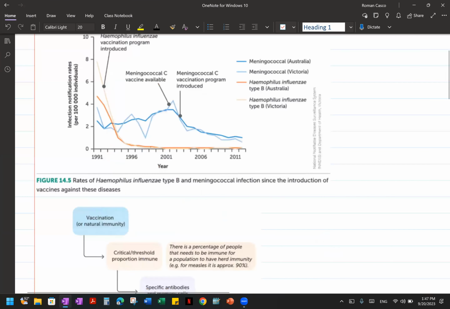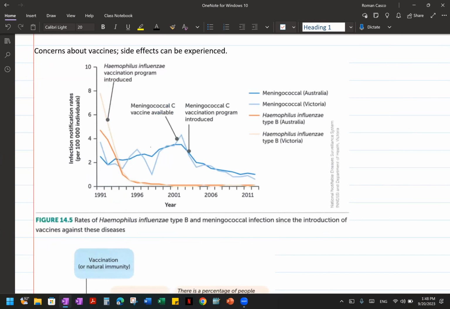Good. And these are just some little statistics here in terms of vaccination, how it has helped humanity in terms of survival rates and infection rates throughout the years. You can see here at these points, these are the points where the vaccine has been introduced and implemented, and if I can say activated, there's a great decrease. This is the influenza vaccination program in the 1990s, and the number of infected individuals greatly decreasing.